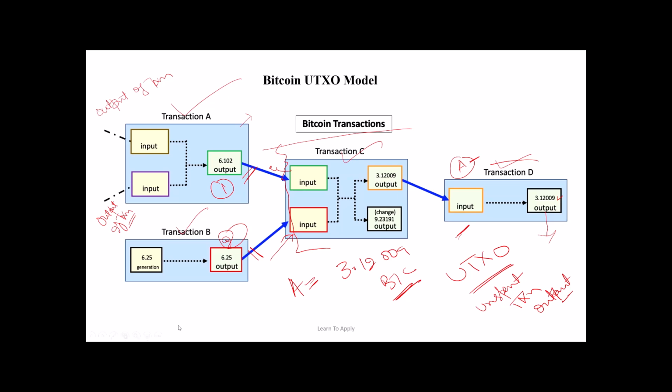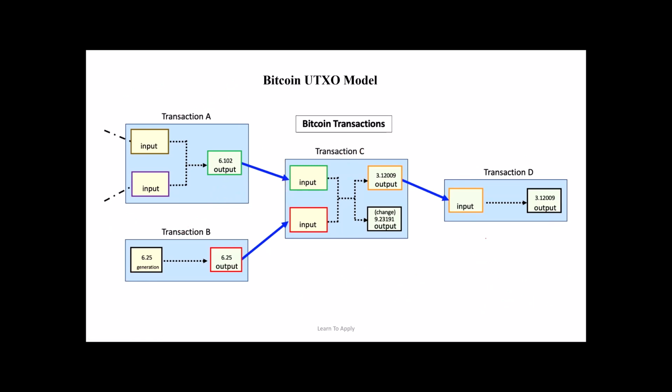If we take an example now, we create another transaction here, transaction E. What we are doing here is we have to use an input, and we have to create an output. What input do we use? Any particular transaction output.